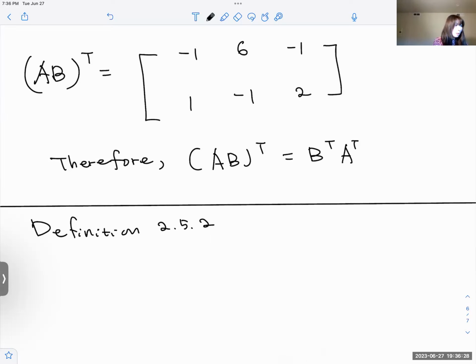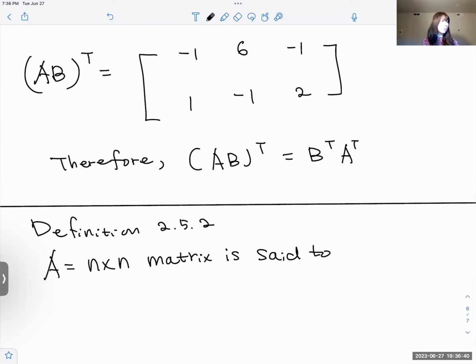An m by n matrix A is said to be symmetric if the original matrix is the same as the transpose of A. That's symmetric, okay?